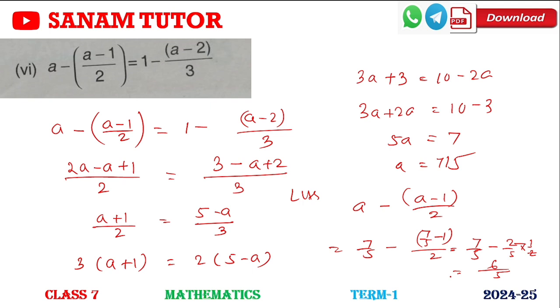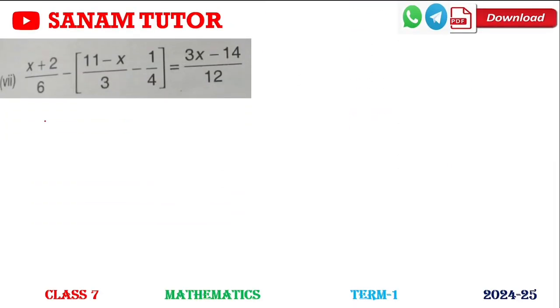So next question, x plus 2 divided by 6 minus, take LCM, that is 12, 4 into 11 minus x minus 4, 3 ja, so 3, equal to 3x minus 14 divided by 12.